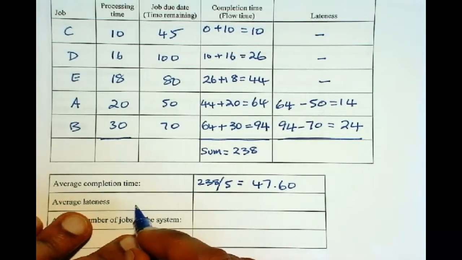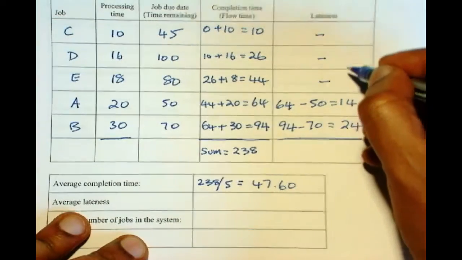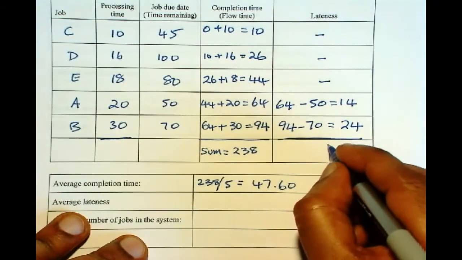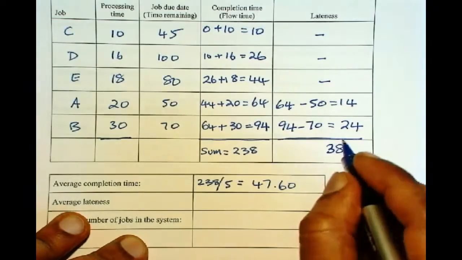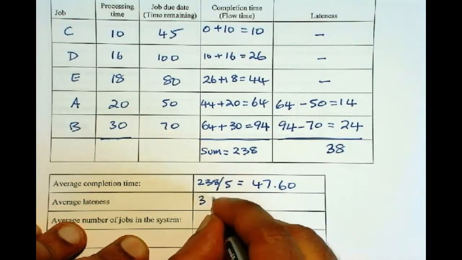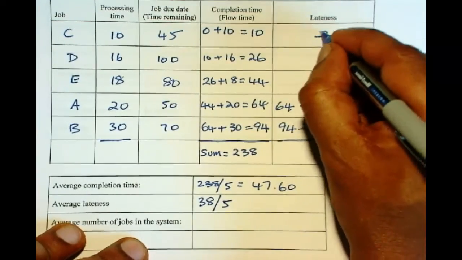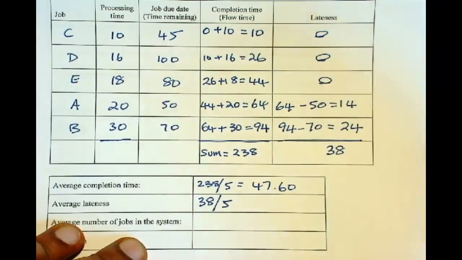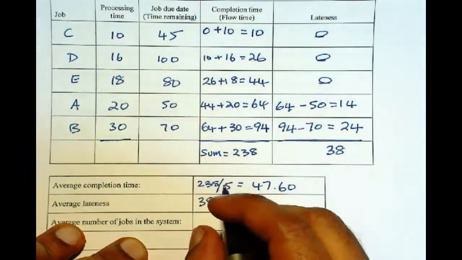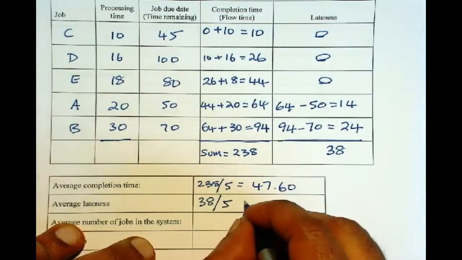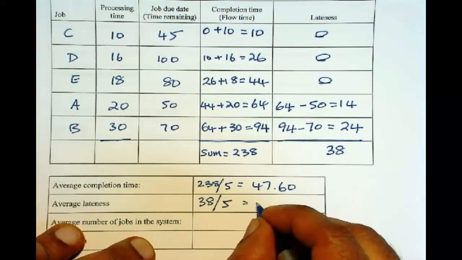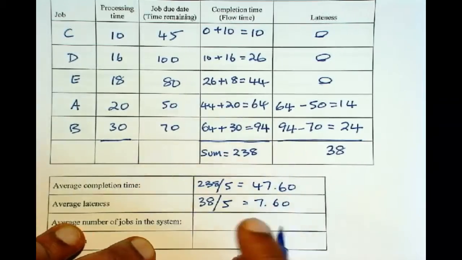Then the next one is average lateness. You add all of this up, so this is 38, for 5 jobs. These blanks should be considered as 0. So 38 divided by 5 gives you 7.6.